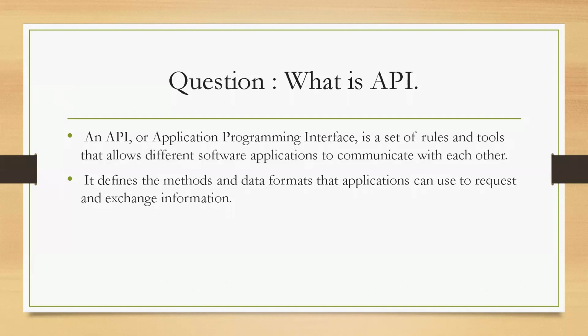That is also one of the APIs. And there will be different formats in the application to exchange information between the two software applications. So that's how you need to add what an API is, with an example for it as well.